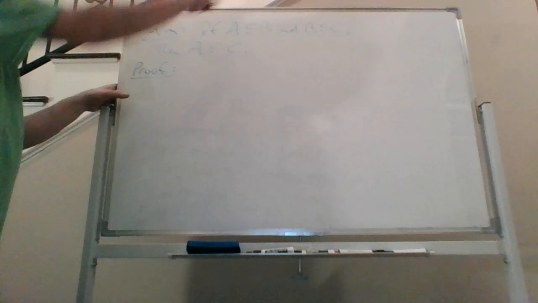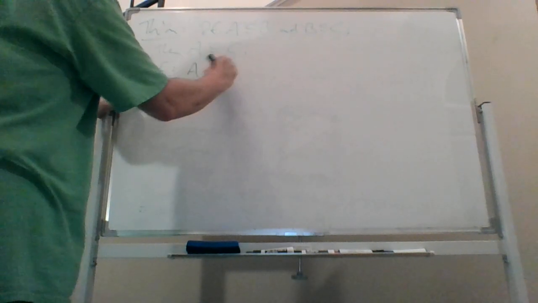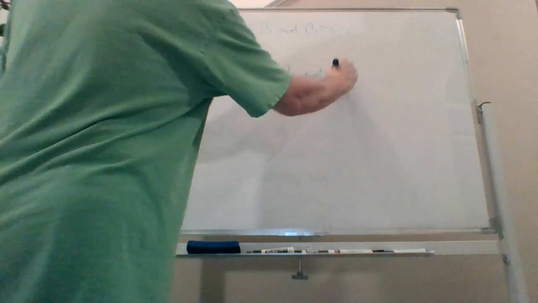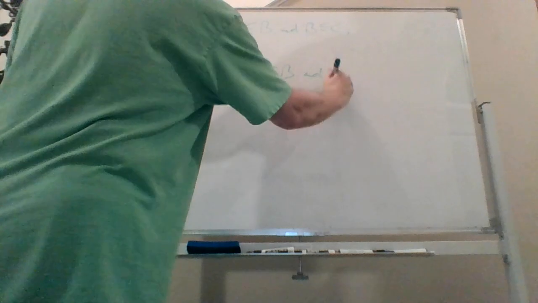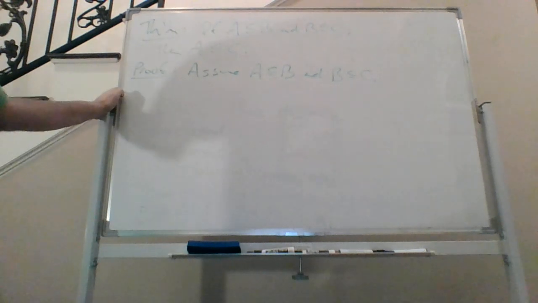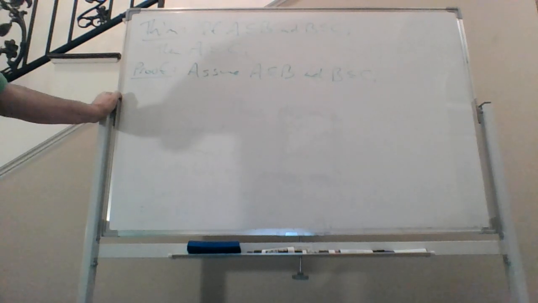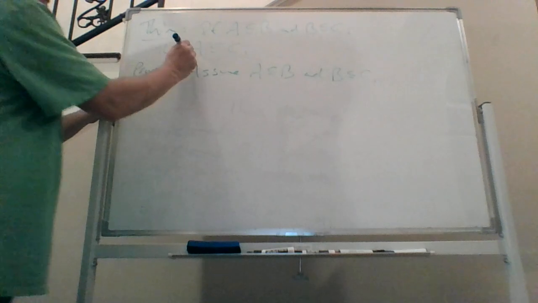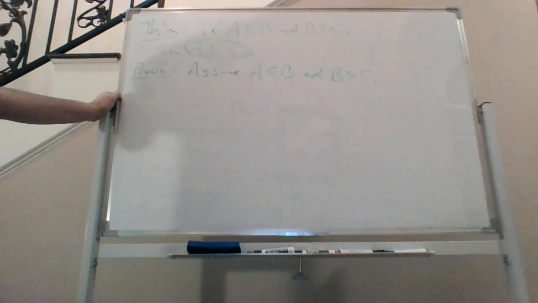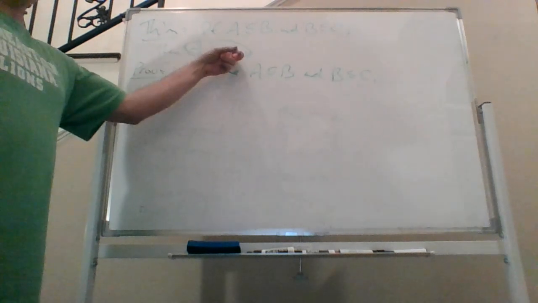Okay? So let's assume the hypotheses. Assume A is a subset of B and B is a subset of C. You don't want to put 1,000 things in your first sentence. Okay, now we want to show A is a subset of C. Now, how do you show one set is a subset of another?